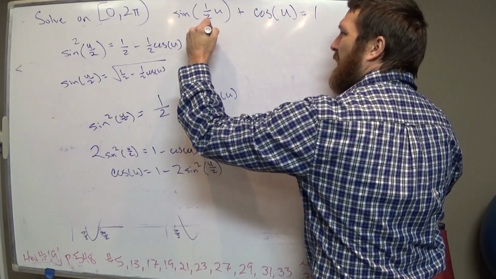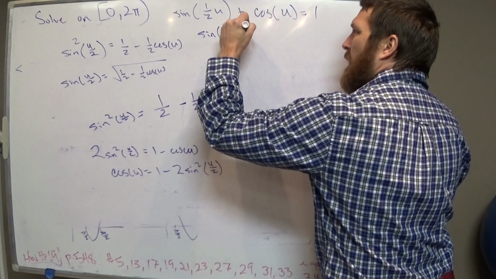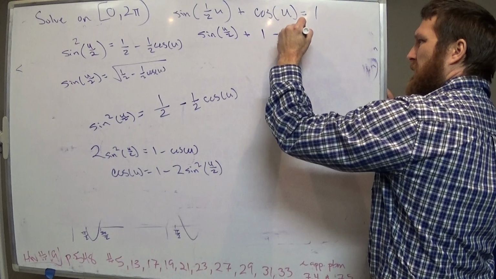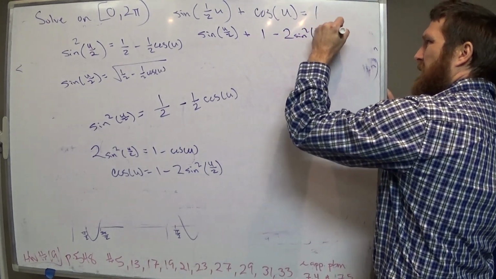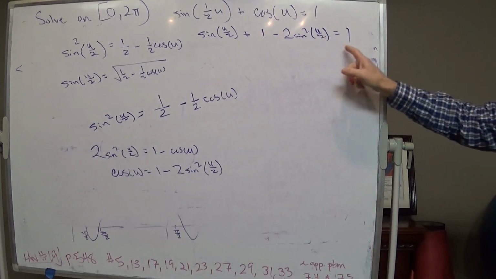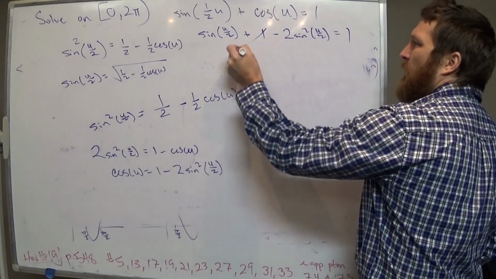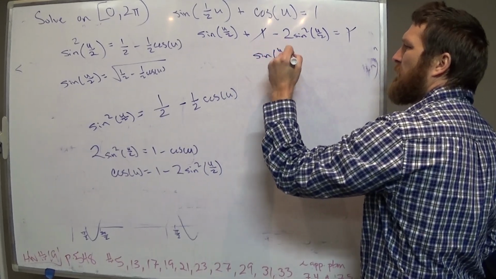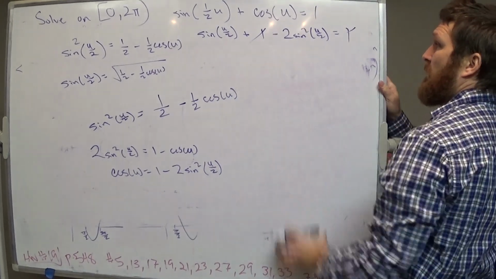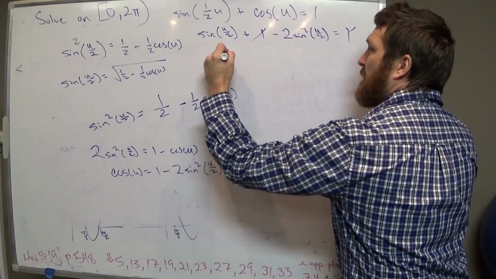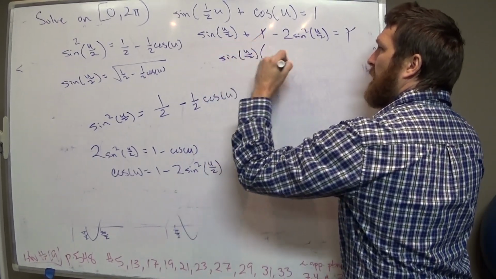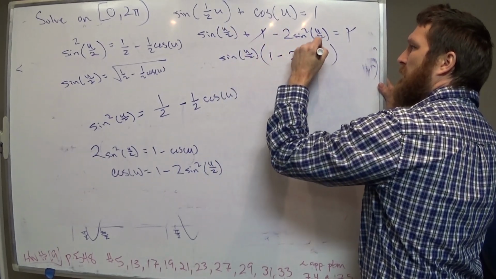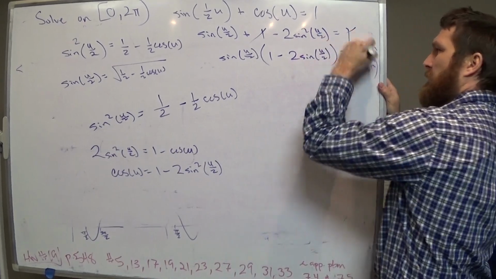So now we have sine u over 2 plus all that stuff, which is 1 minus 2 sine squared u over 2. Is that how you did it? Yes. Okay. And so the ones cancel. Those guys are gone. Pull out a sine u over 2, leaving me 1 minus 2 sine u over 2 equals 0.